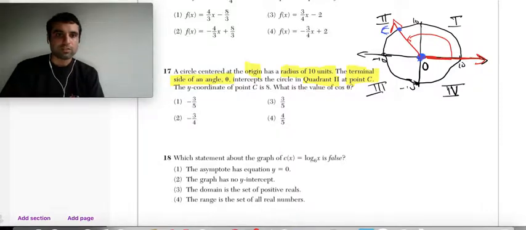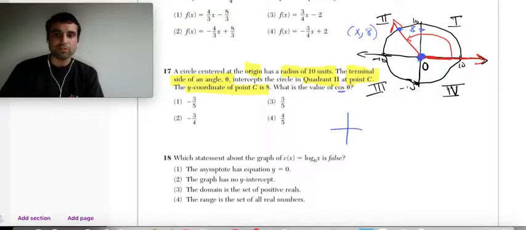Okay, so the y-coordinate of point C is 8. So C has a y-coordinate of 8. So the point C is (x, 8), where x is unknown. And they want the value of cosine theta.